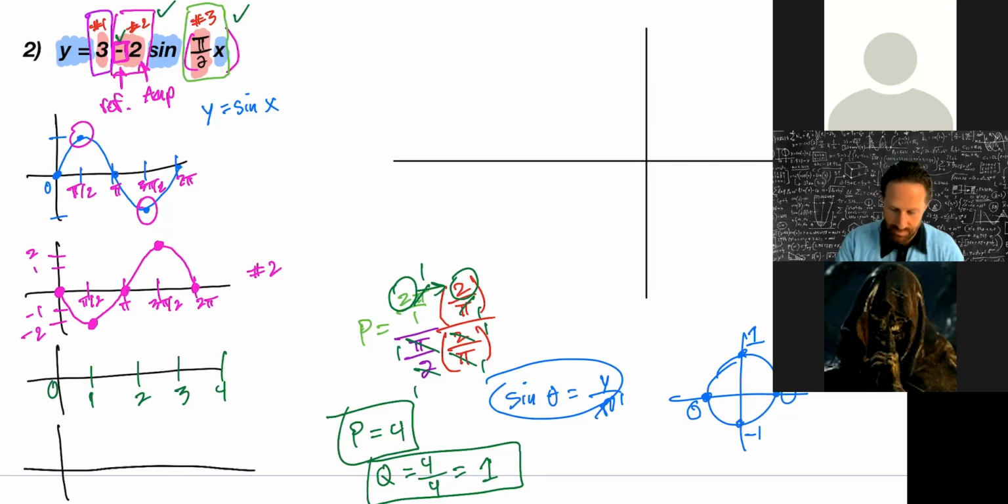No, the Y. And how? I don't know. What is it saying to do? What is that 3 doing to our trig function?